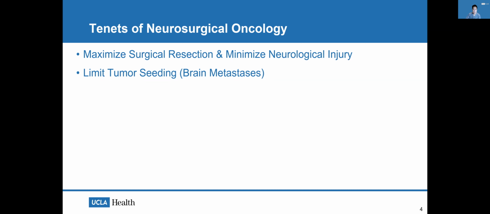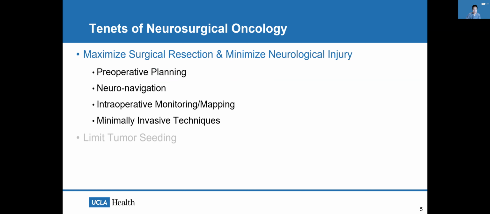We'll touch on that a little later, and it'll make more sense when we get there. But let's start with the basic principles of neurosurgical oncology: maximizing surgical resection and minimizing neurological injury.